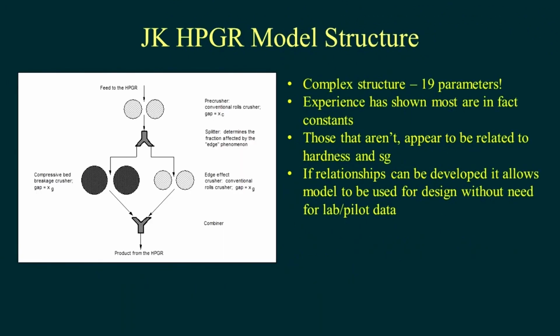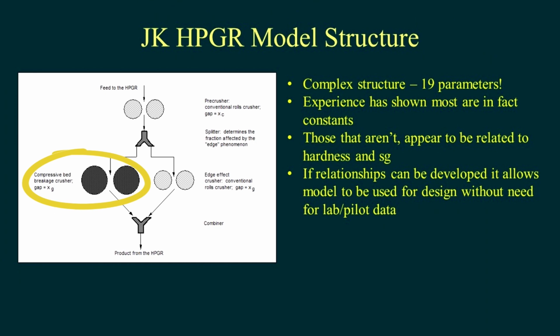Yes, this looks a bit ugly here. That is, if you like, the structure of the model. It looks quite complicated, and the whole model comprises a number of submodels, and it makes the assumption that big rocks in an HPGR have to go through some pre-crushing. The big rocks are nipped by the roll and crushed. Those rocks then find their way into a packed bed in here.